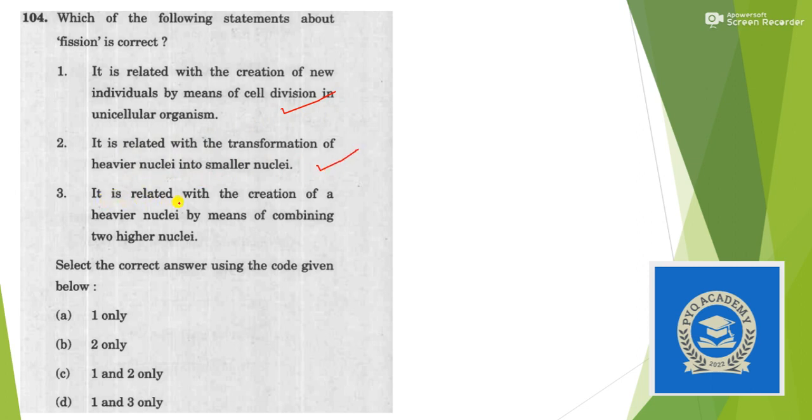It is related with the creation of heavier nuclei by means of combining two. No, this is fusion actually. So our answer should be options 1 and 2. Okay. The first is from biology and this is from physics.